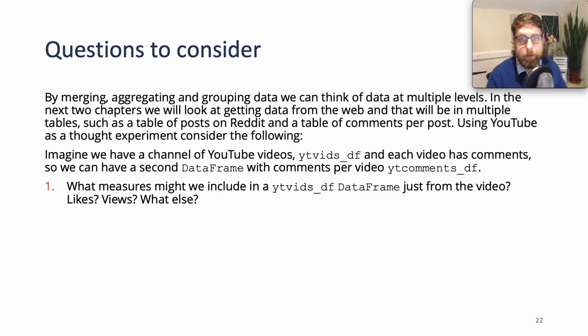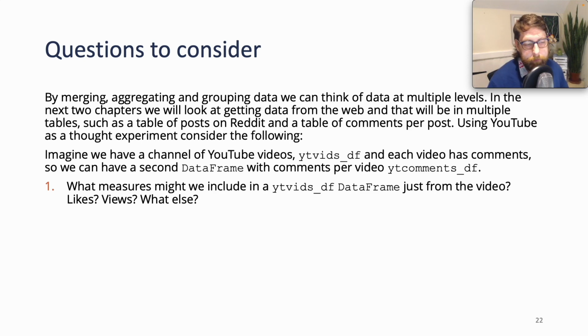Things like who made the comment, how many upvotes, is it a banned comment, is it blocked? And you don't need to have one data frame for all the comments for one video and another data frame for all the comments from another video. You can have one data frame of videos, another data frame of comments, and then only merge them when they're appropriate.